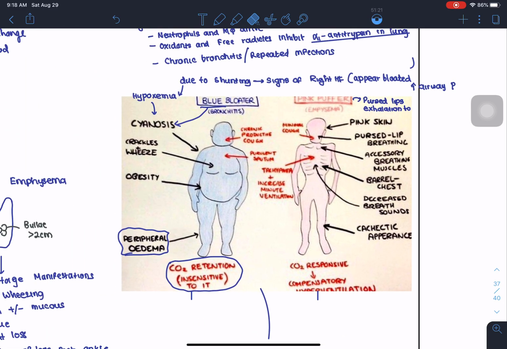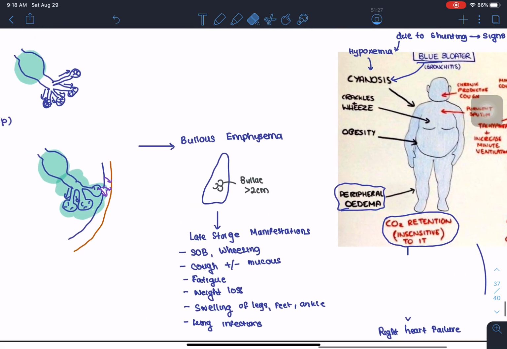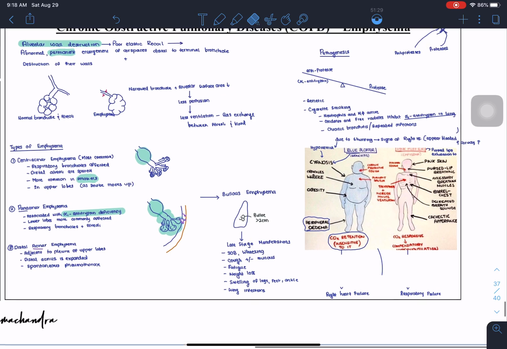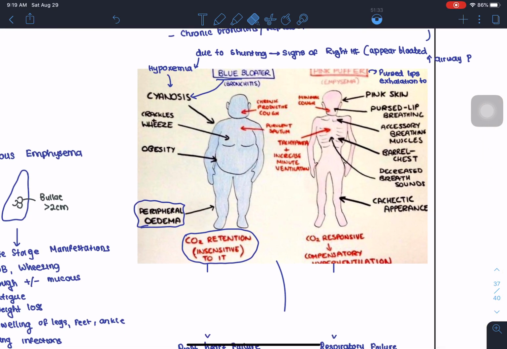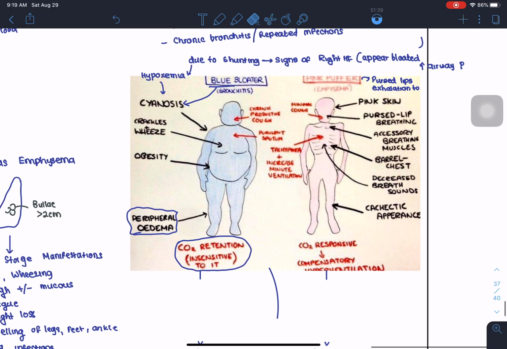Now in emphysema there is an inability to remove the expired air. The pressure is not enough to push the expired air out. So what do these patients do?